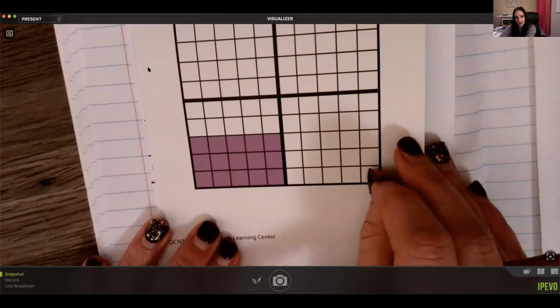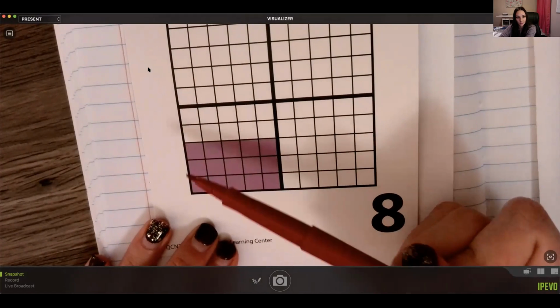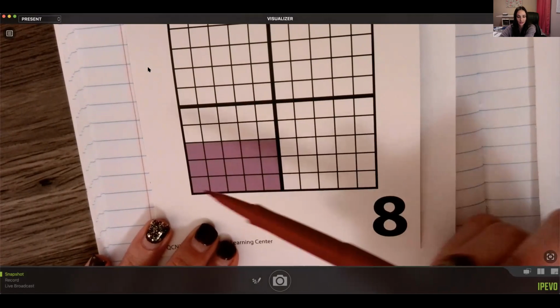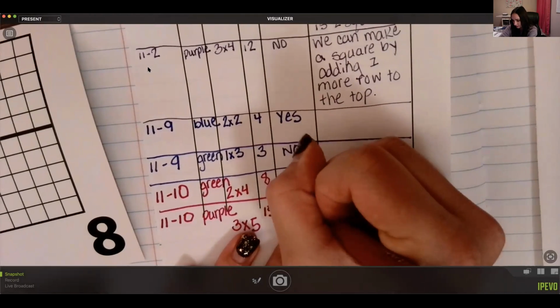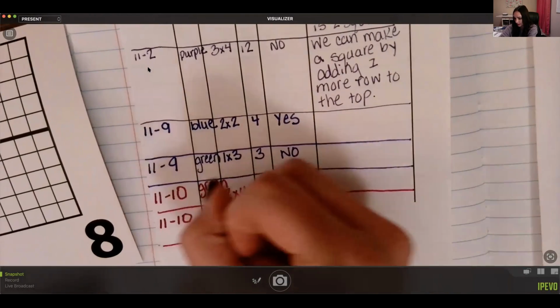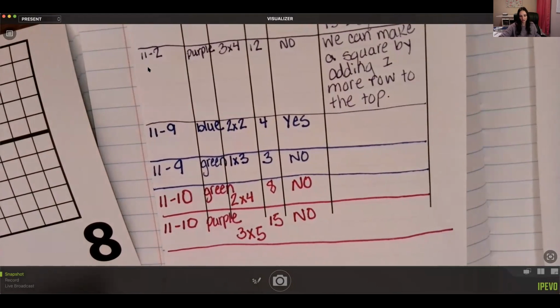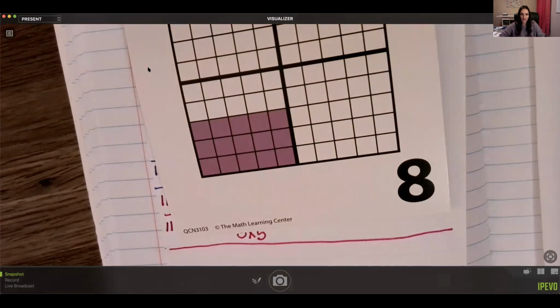And this is not a square because we would have to have 5 squares for the height by 5 squares for the length to make it a square. So it is not a square. Okay, and then you are going to again write in your own observations for this picture, and you can pause the video and do that now.